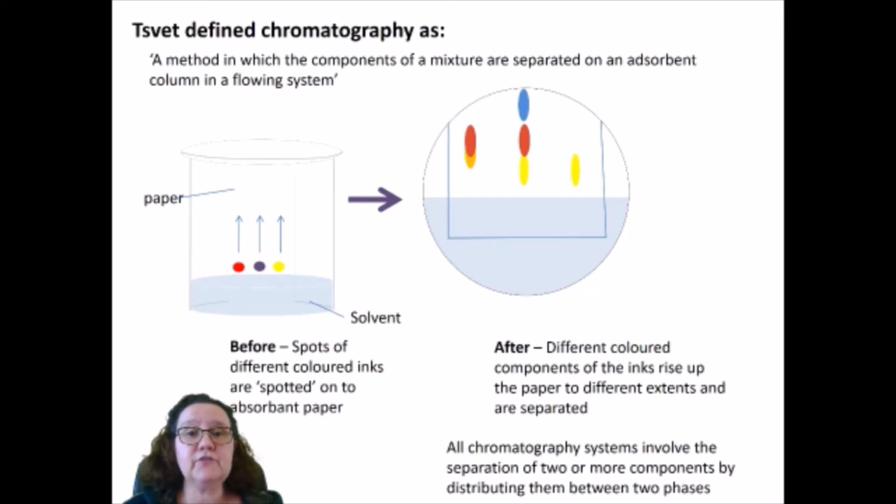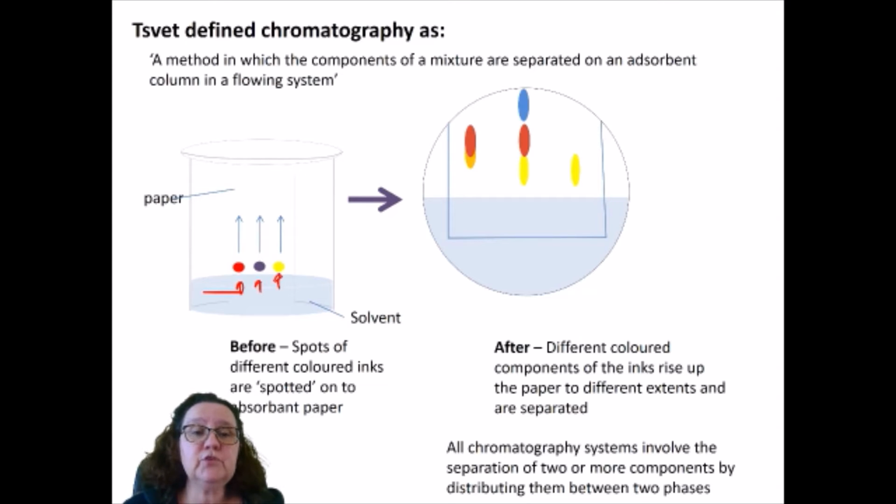You have a series of spots from 3 different chemicals. You don't know if they are mixtures or individual components. You just have them spotted on a piece of paper, for example.